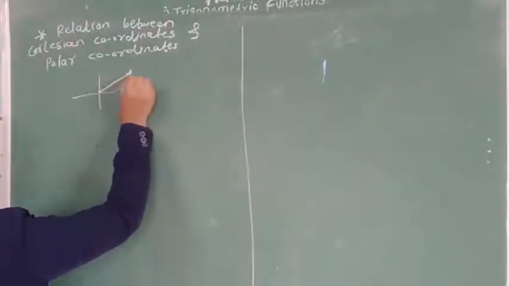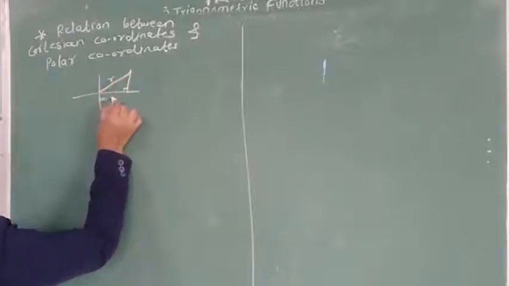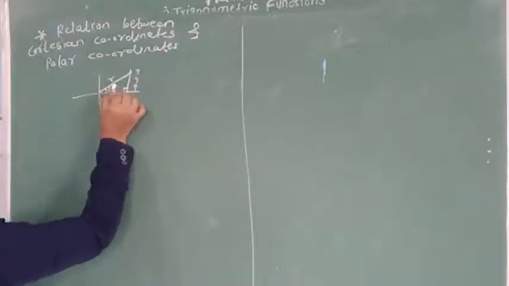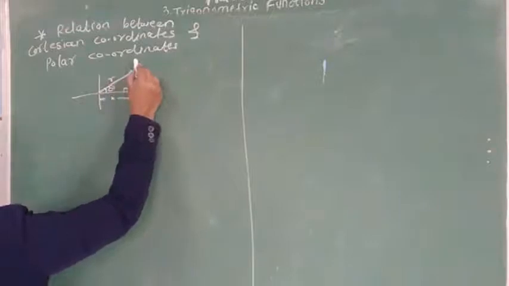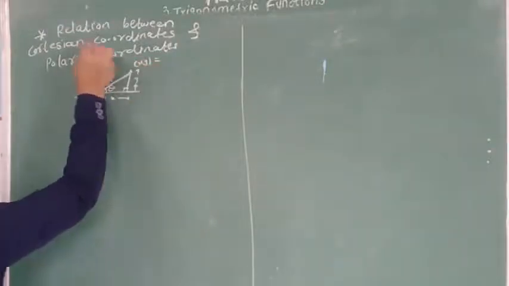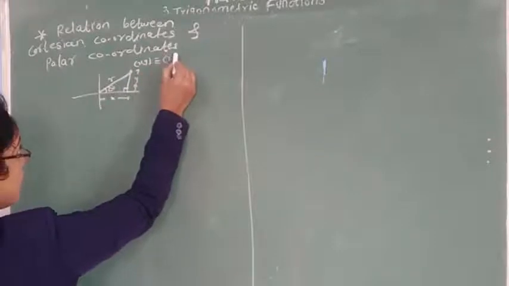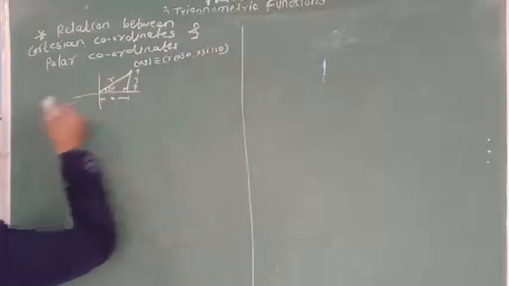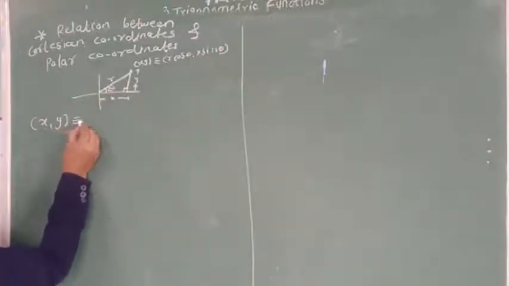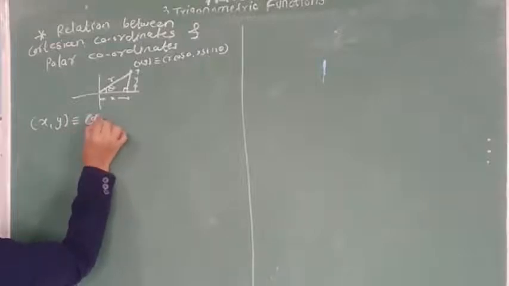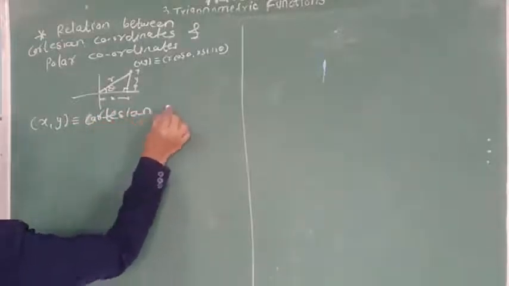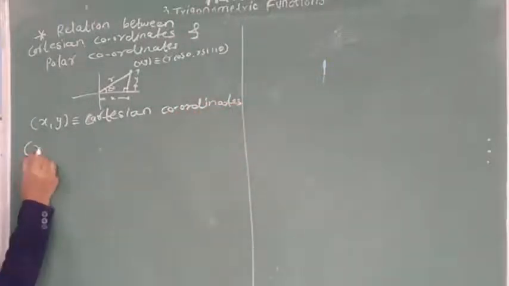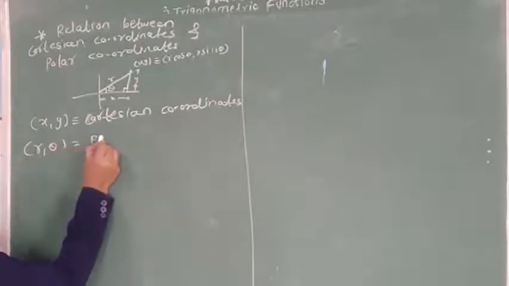Here this distance is r, this distance is x, this distance is y, and this is the angle theta. This point we can write as x comma y in Cartesian coordinates, and in polar coordinates as r comma theta. So x, y are Cartesian coordinates, and r, theta are called polar coordinates.